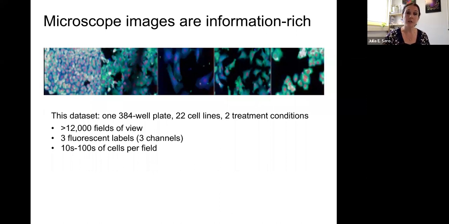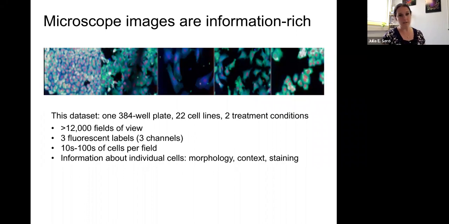And in each field of view, there's anywhere from maybe a few or 10 to hundreds of cells per field. So when we get down to the level of looking at individuals, this is a massive amount of cells. And now we have gone back and used the processes that I'm going to talk to you about in a minute to extract lots of information about the individual cells.